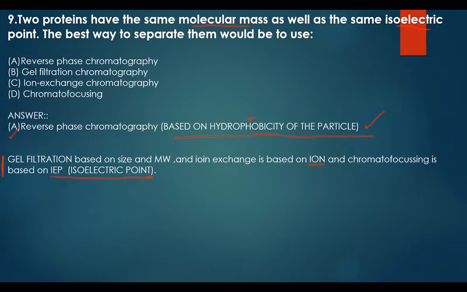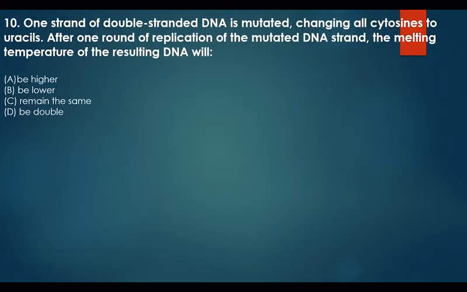Next is, one strand of double stranded DNA is mutated, changing all cytosine to uracil. After one round of replication of the mutated DNA strand, the melting temperature of the resulting DNA will be. Obviously the answer is lower, because DNA is made up of adenine, thymine, guanine and cytosine, and not uracil. Okay, uracil is present only in RNA.